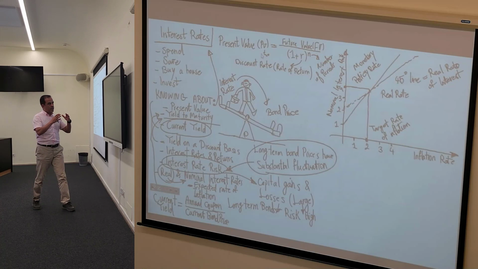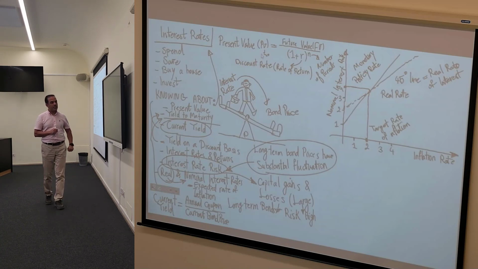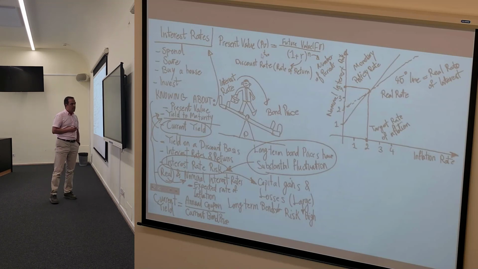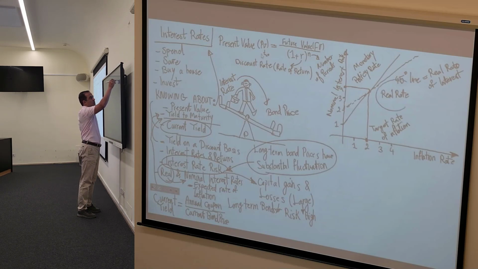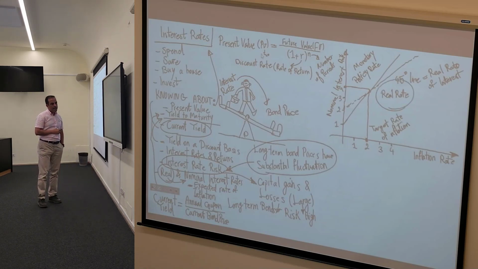So this is the relation between the nominal interest rate and the real interest rates that have to be considered for interest rate risk management. And the real rate is always important to be considered, okay?